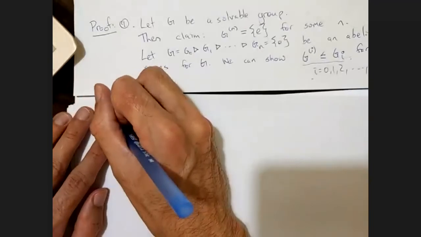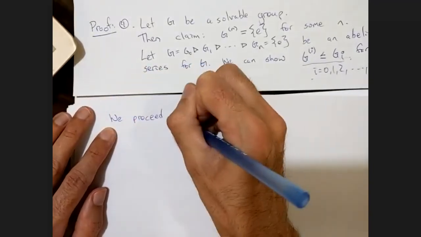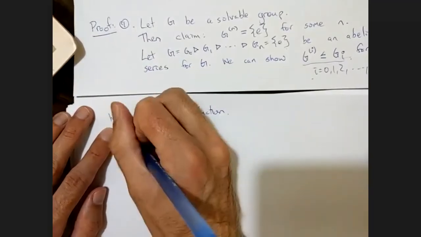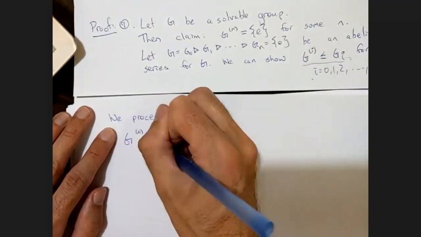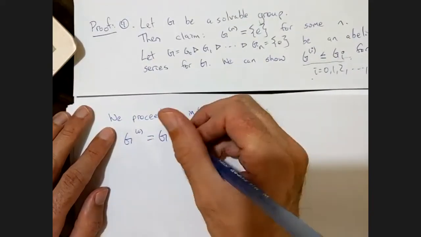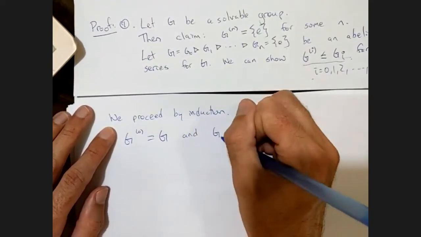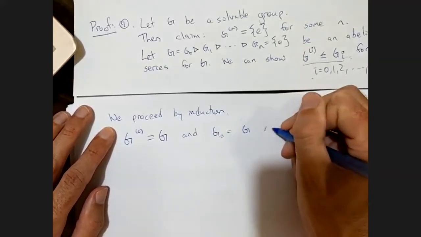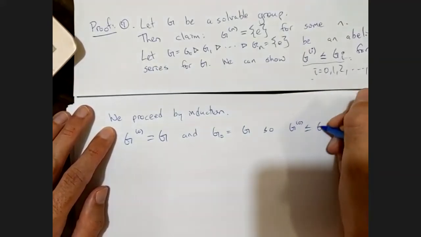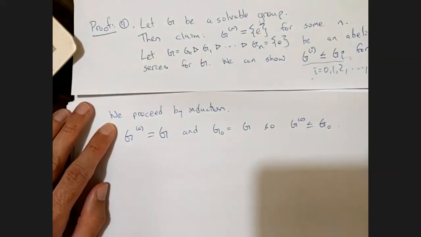We proceed by induction. The zeroth commutator is just defined to be G by convention, and G_0 equals G. So this establishes the base case.